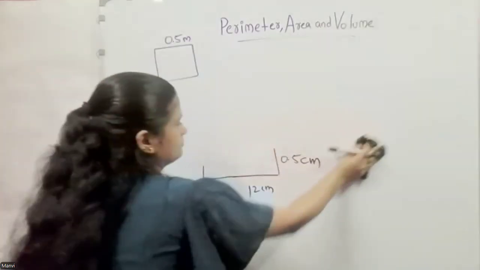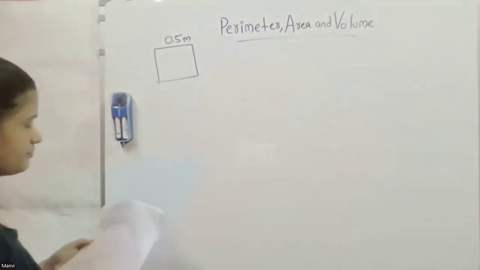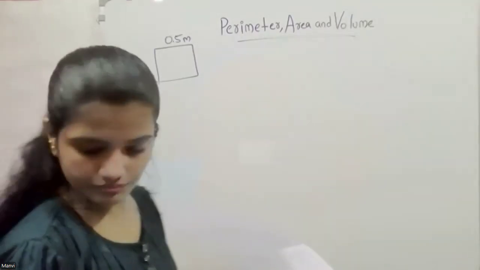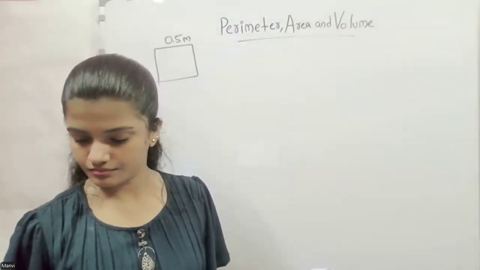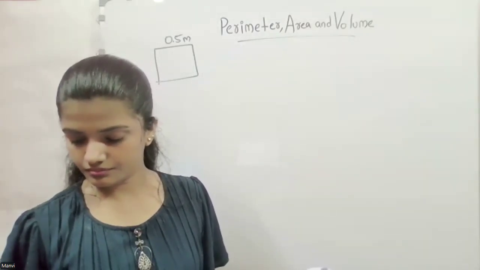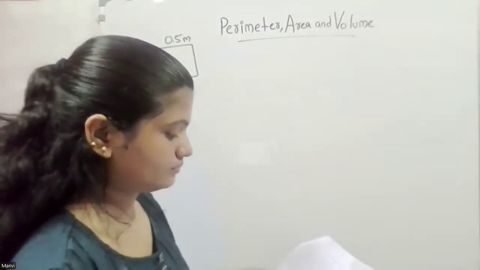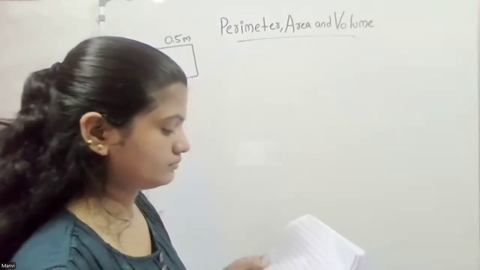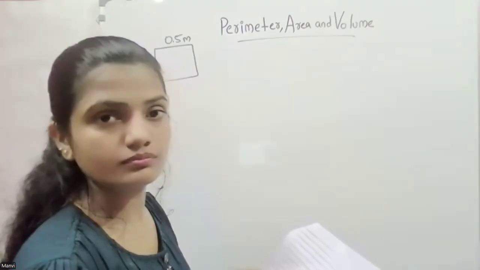What is it? One square. Calculate the area. 0.5 meter. Is it 2.5?